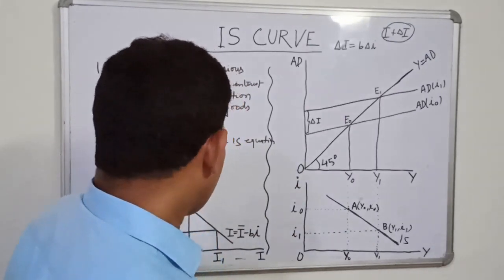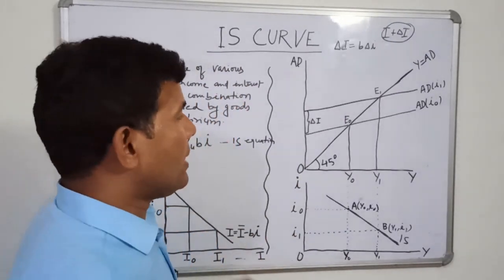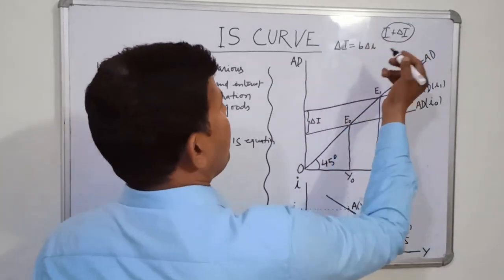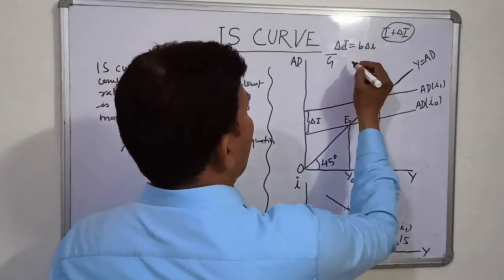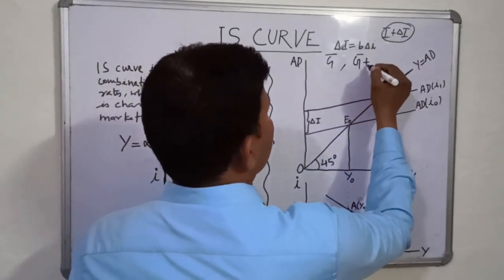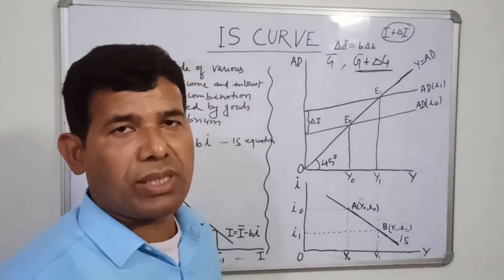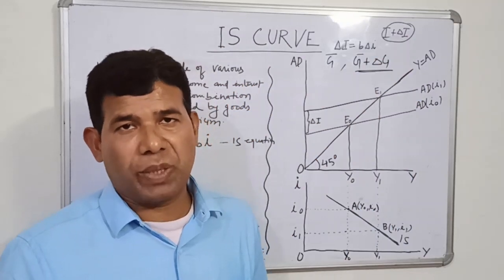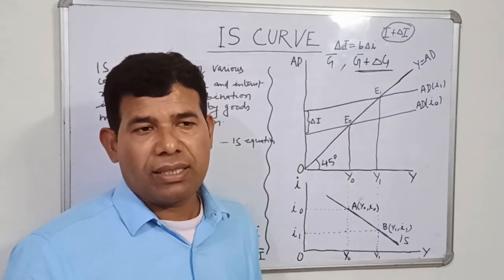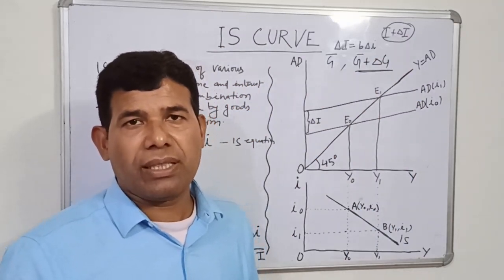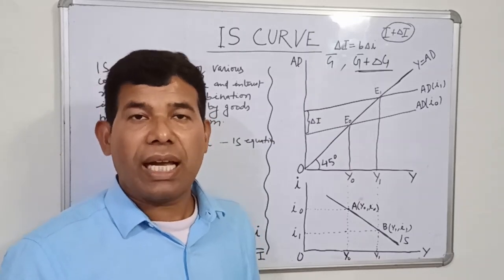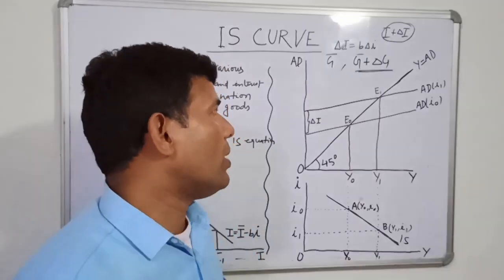Previously it was G bar, now it becomes G bar plus delta G. This is called expansionary fiscal policy. When the government raises expenditure, that policy of raising expenditure is called expansionary fiscal policy, right?